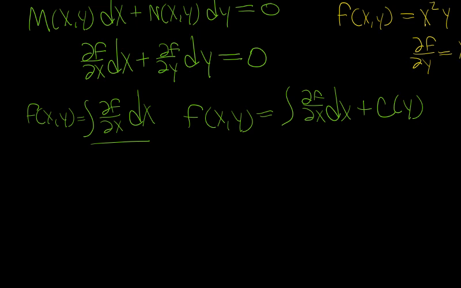Now, because we already have the partial of everything with respect to y, we already have partial f with respect to y. That's this term. So let's just suppose now that I differentiated everything with respect to y. What you do to one side, you must do to the other.